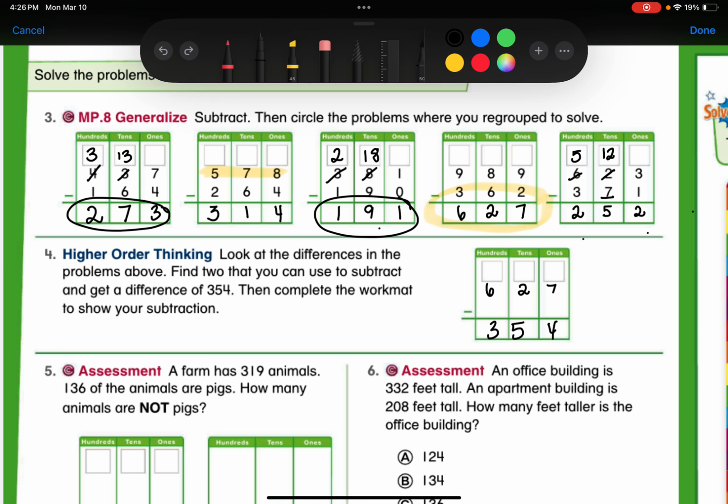So I can just say 7 minus what will equal 4. Let's see, 7 minus 3, that could work. I'm going to try that. I'm just going to write this in blue. So 7 minus 3 equals 4.